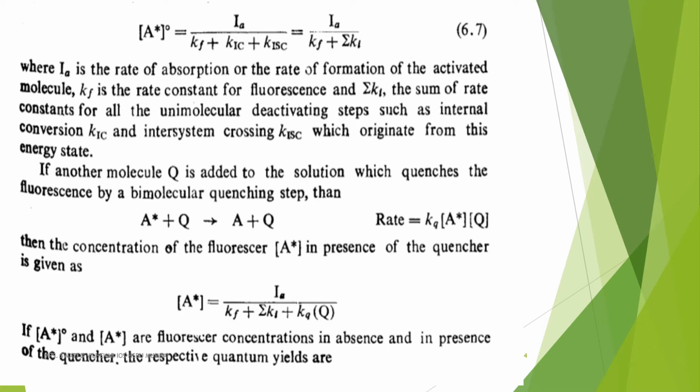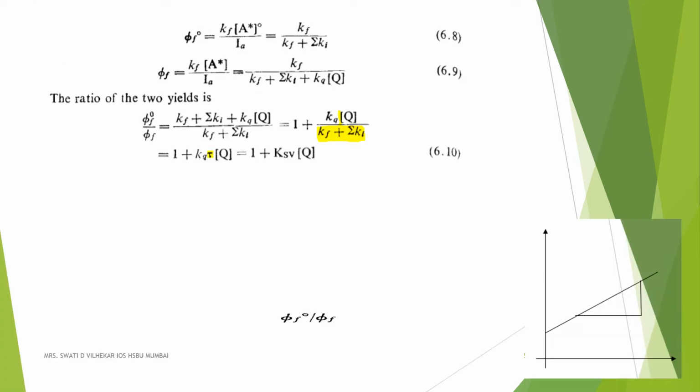It means there will be a reduction in the number of photons in the presence of quencher. So the respective yields can be given by QF naught, that is in the absence of quencher, and QF in the presence of quencher. So what is quantum yield? Number of photons emitted to that of number of photons absorbed.